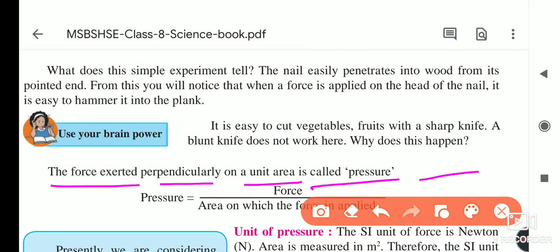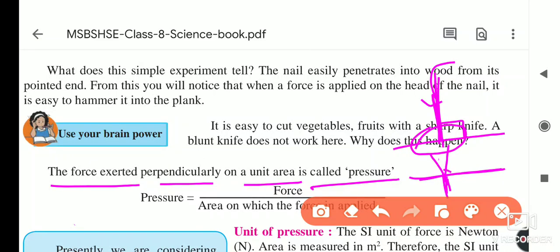Suppose we take the example of the nail only. This is our nail, this is the head, and this is the plank. When they say force exerted perpendicularly, this is the nail, its perpendicular position is this, and this is its horizontal position. When we hammer from this side continuously, slowly the nail enters inside the plank.